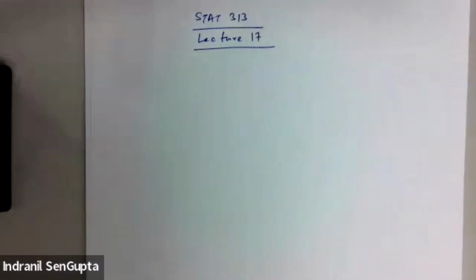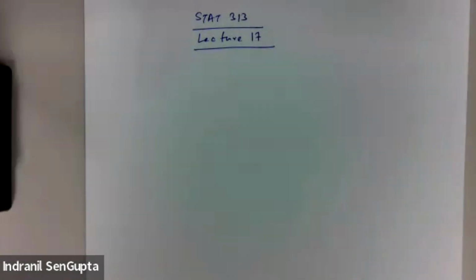Now, before doing that, since we need some background from the F distribution, let me just mention it at the very beginning and then we'll move on. Here is the name of this particular chapter that we are starting today.